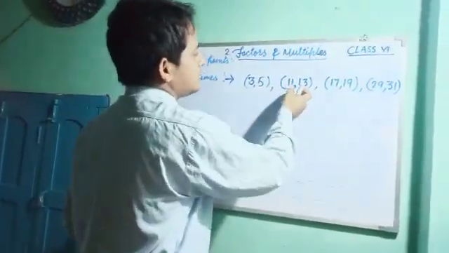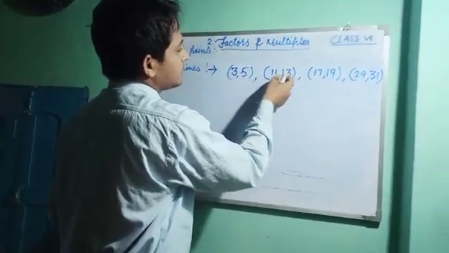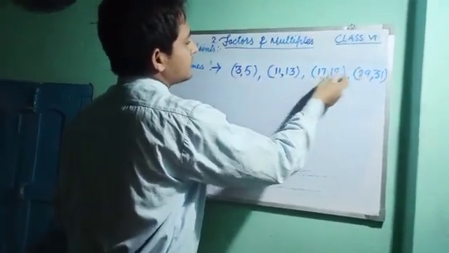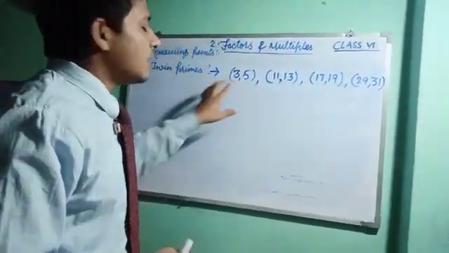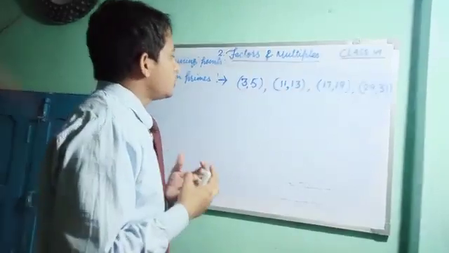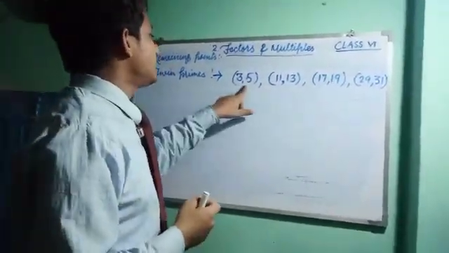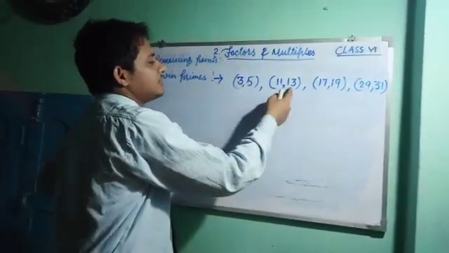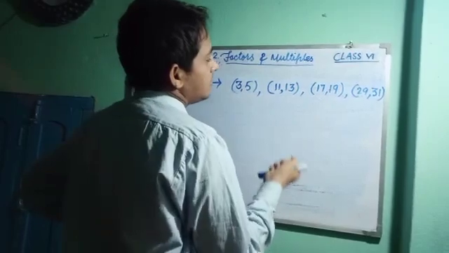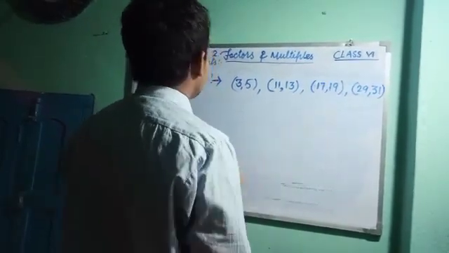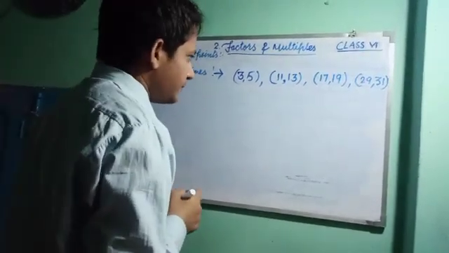Every pair has only one gap in between the two primes. So all these pairs are consecutive odd prime numbers. 3, 5 are consecutive odd prime numbers, 11, 13 are consecutive odd primes, 17, 19 are consecutive odd prime numbers. So these are examples of twin prime numbers.